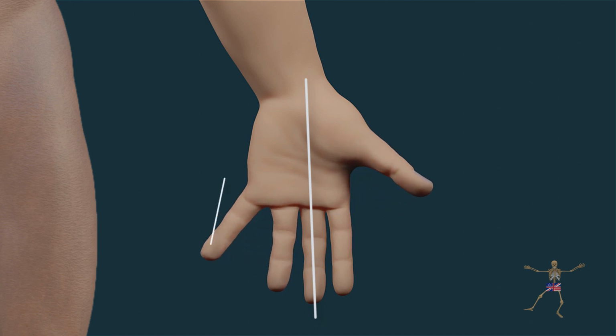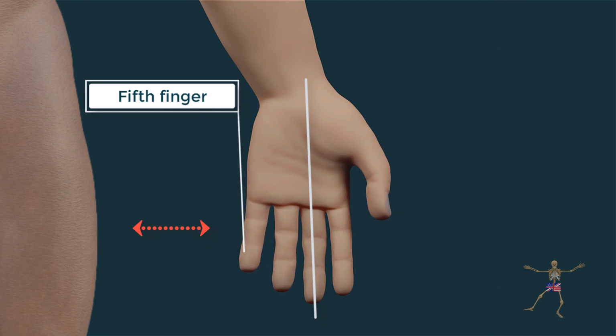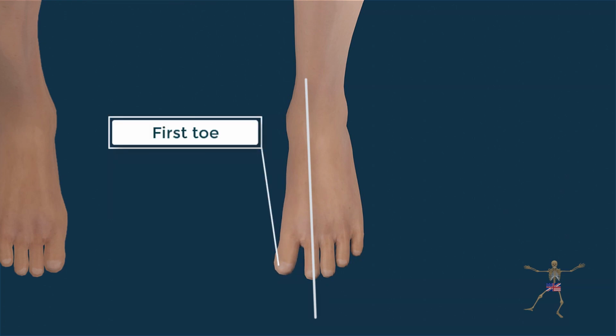In this example, the abduction of the fifth finger is away from the axis of the hand, but not away from the midline of the body. For the feet, the midline of the body is also replaced by the axis of the foot passing through the second toe. In this example, the abduction of the first toe moves away from the axis of the foot, but not from the midline of the body.